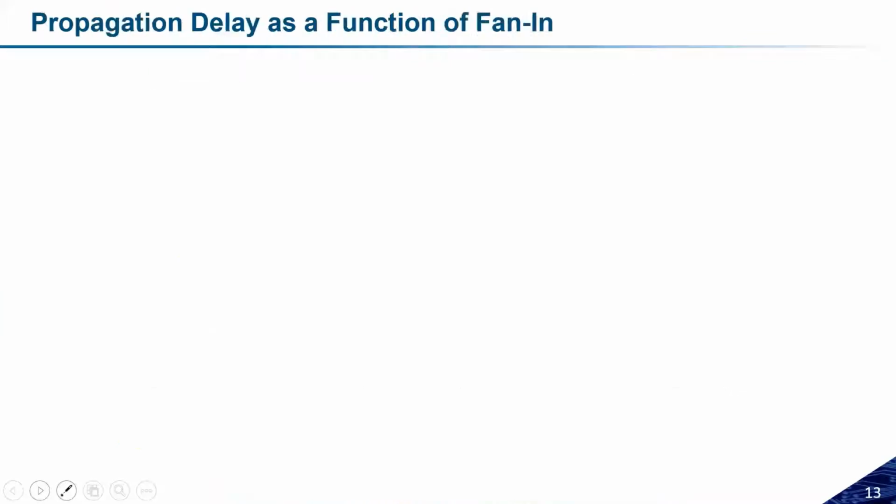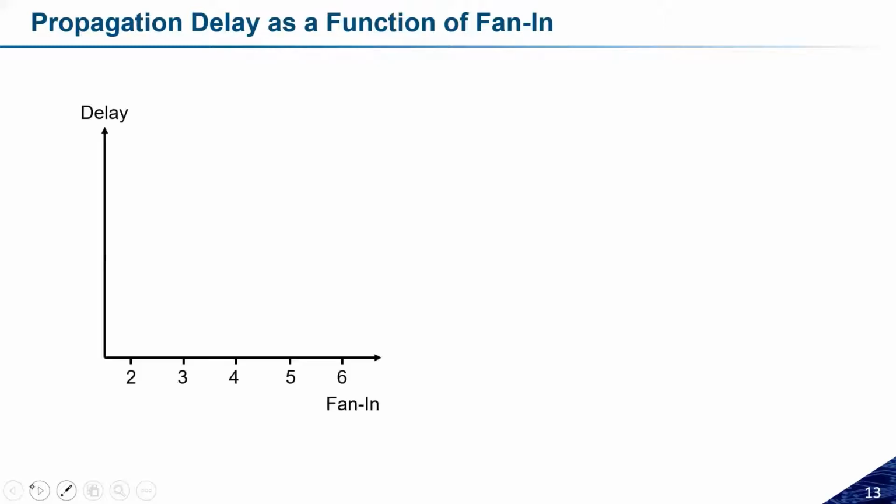So let us try to summarize it. The propagation delay as a function of fan-in. Suppose I have a NAND gate, and let us try to check the fan-ins. Suppose initially the fan-in is 2, then fan-in 3, then 4, 5, and 6, and so on, whatever it is.